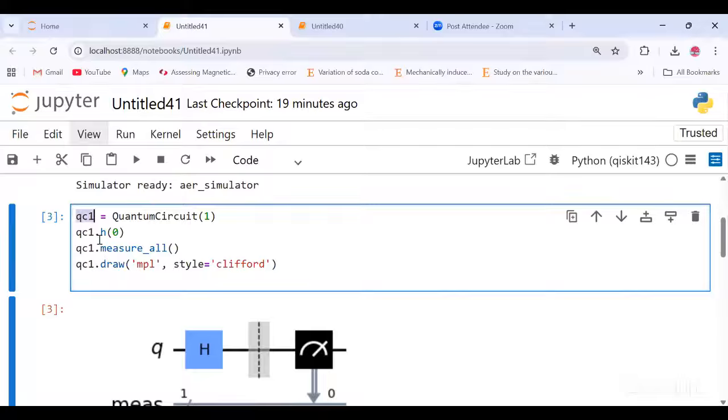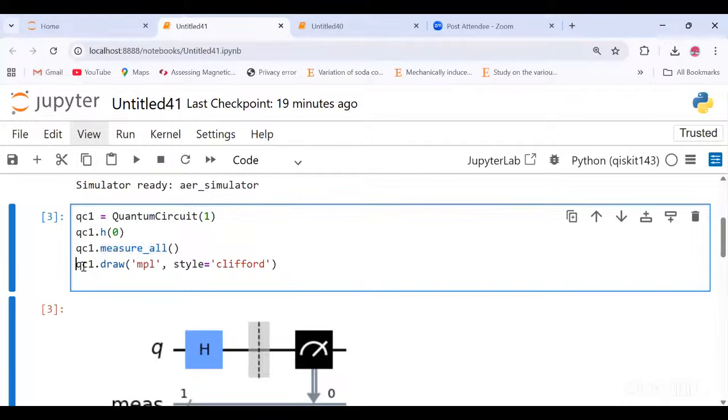In that quantum circuit we have to import the Hadamard gate, which we are importing by this command. Then the instruction we are passing to QC1 is to measure all things.